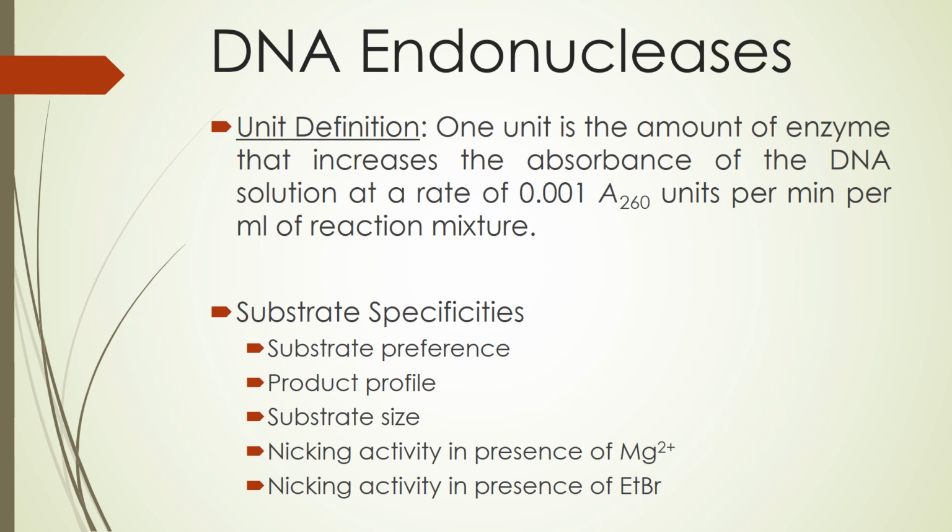Otherwise, other cations, calcium and magnesium ion, we can use for DNA chopping. Now it comes to the nicking activity in the presence of EtBr. In the presence of a high concentration of EtBr, up to 20 to 80 microgram per ml, and with 2 millimolar magnesium chloride, DNase-1 introduces a single nick to the plasmid cccDNA.